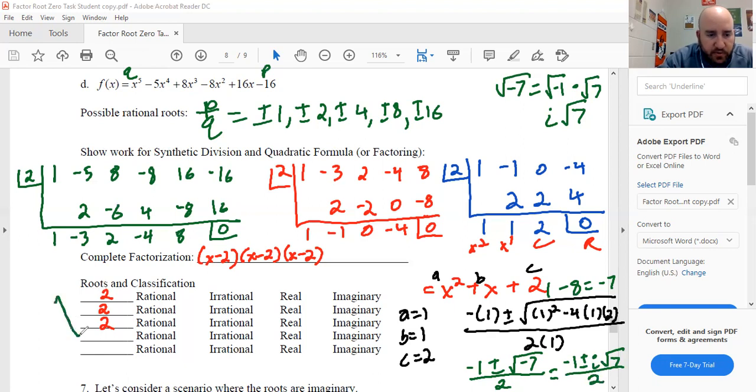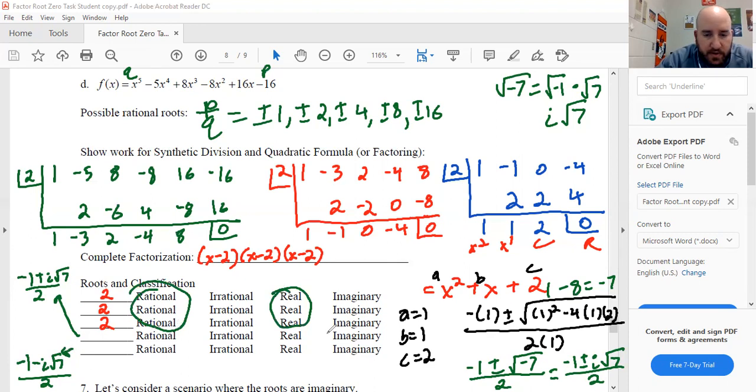So my last two roots are going to be -1 plus i square root 7 over 2, and then -1 minus i square root 7 over 2. The 3 are all rational and real. And the last two are both going to actually be imaginary because they have the i in them.